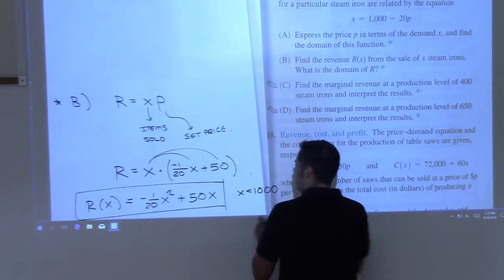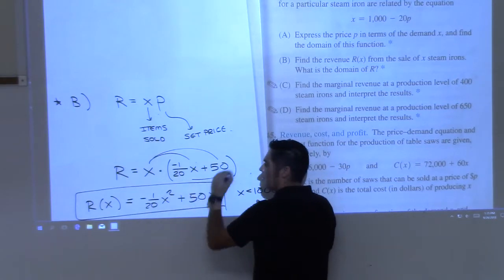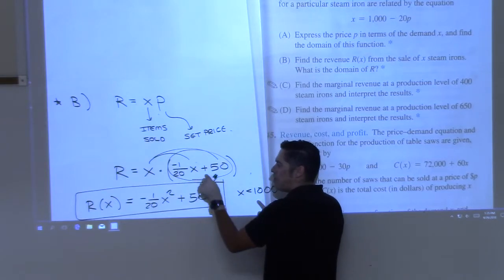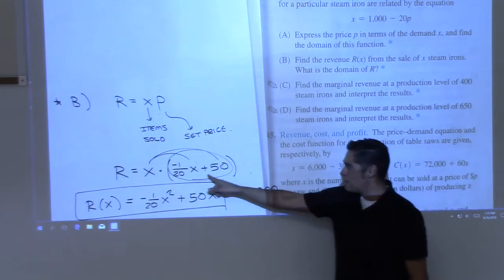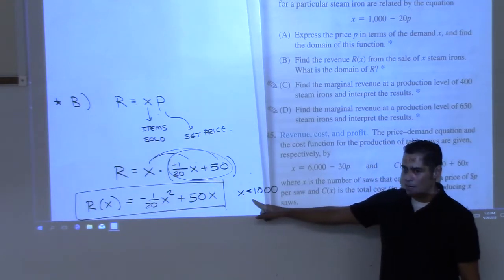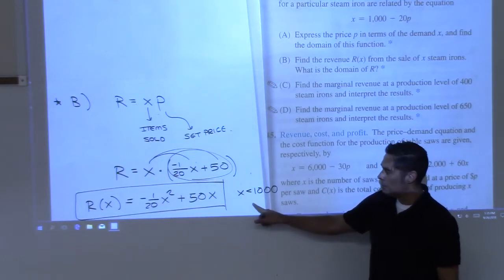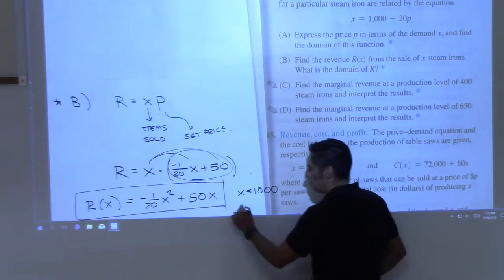So this revenue function works so long as this makes sense, and that only makes sense if x is less than 1,000. Our price only makes sense if the number of people who want it is less than 1,000. So that's our domain.